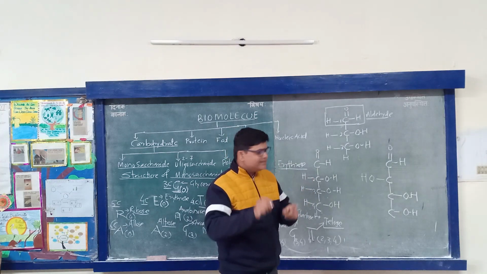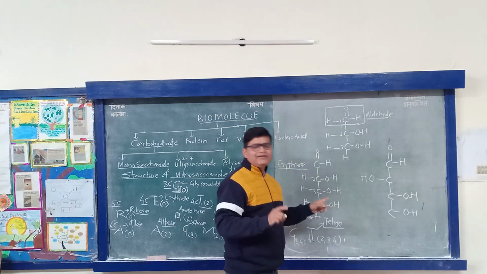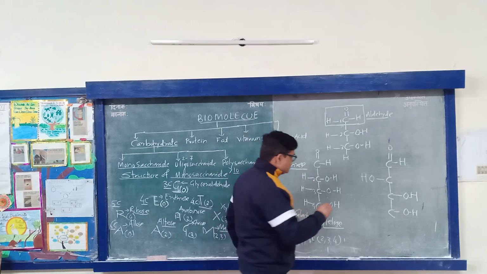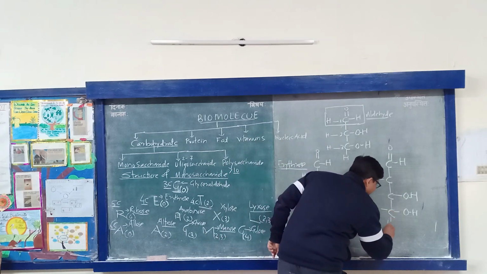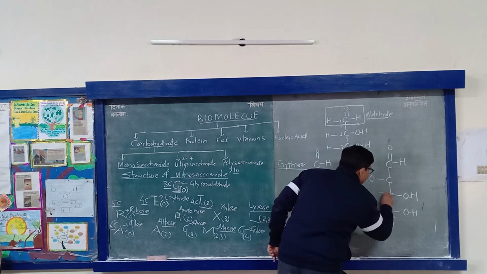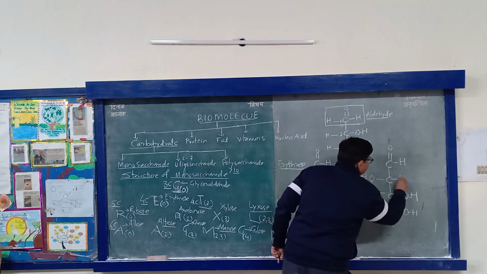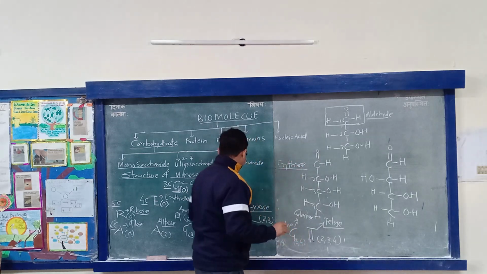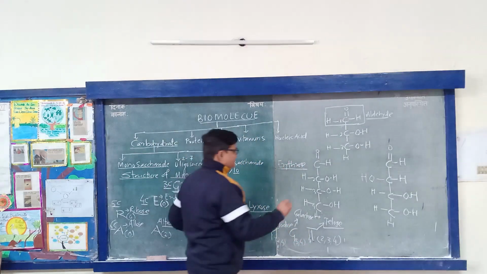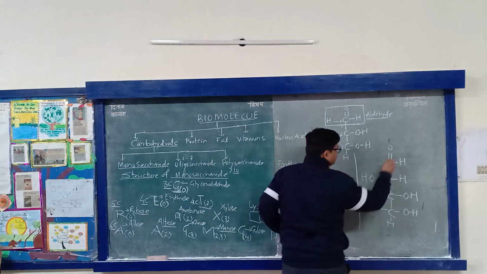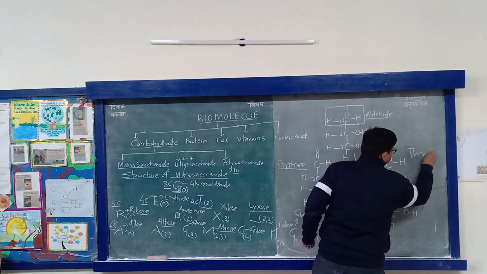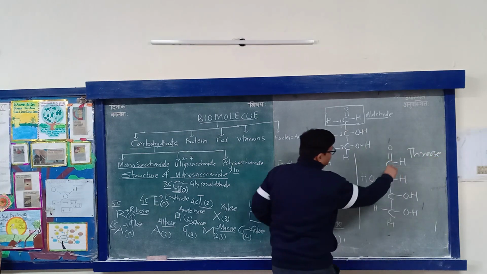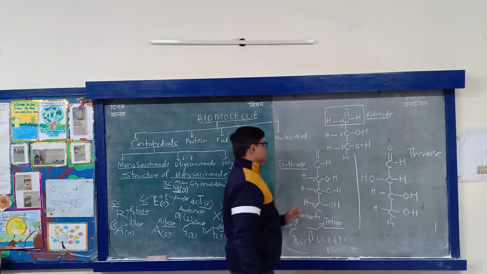Carbon has 4 valency, oxygen has 2 valency, hydrogen has 1 valency. So this is the simple drawing of the chemical structure of threose, a 4 carbon containing monosaccharide.